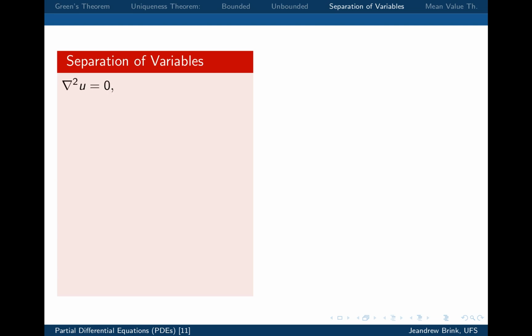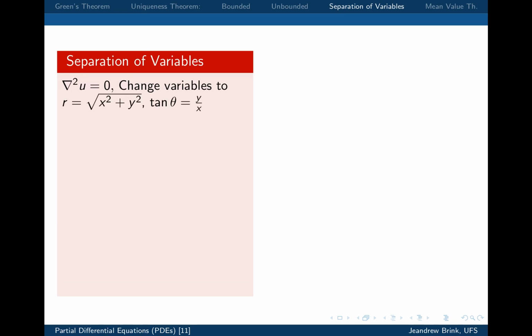So let's look at possibly the simplest example. We have Laplace's equation equal to 0, and we're going to change variables to polar coordinates. So we're going to say r squared is equal to x squared plus y squared, and tan theta is equal to y over x.